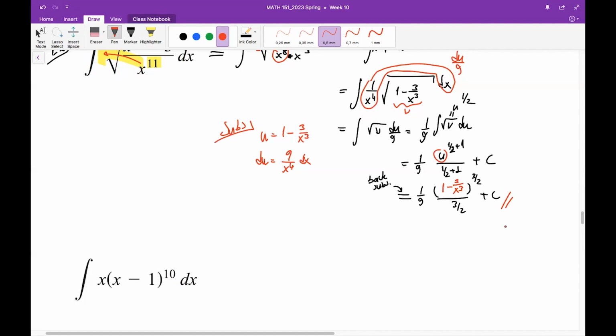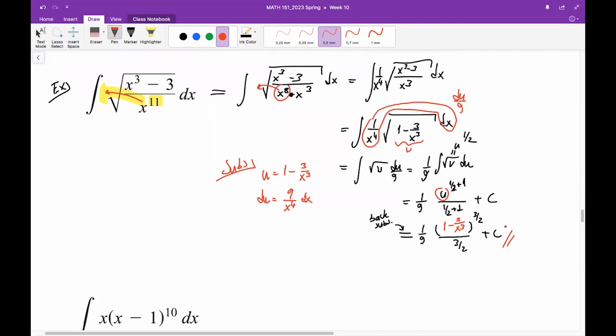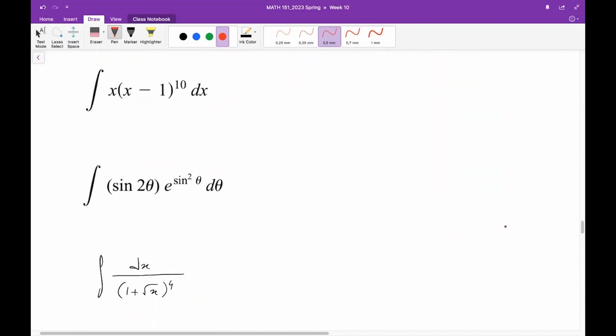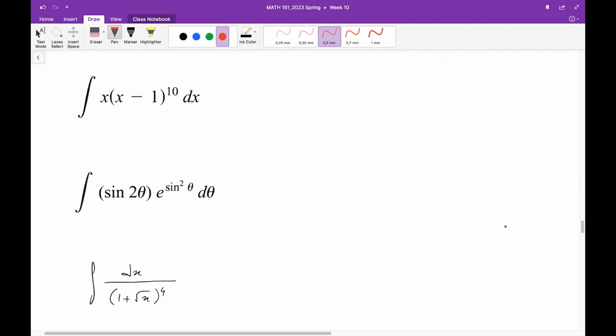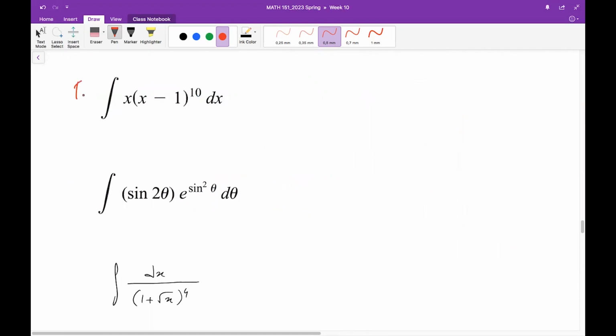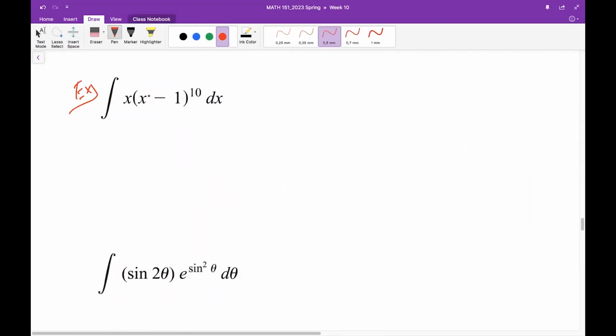Is that okay? Any questions? It's clear. Okay, next, let's deal with this example then. Okay, so we have this 10th power, and it will be very long if we want to compute the 10th power of this thing.